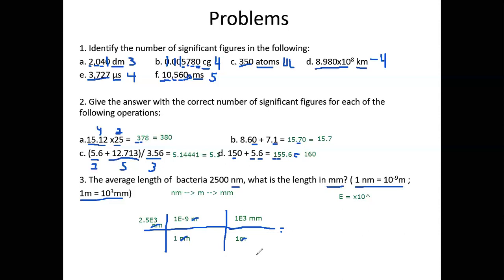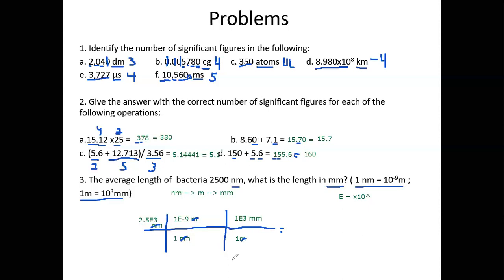Now notice here we're going from nanometer, which is a small metric prefix, to millimeter, which is a larger metric prefix than nano. So since we're going from a smaller to a larger prefix, our exponent's power should decrease, so it should be less than 3.